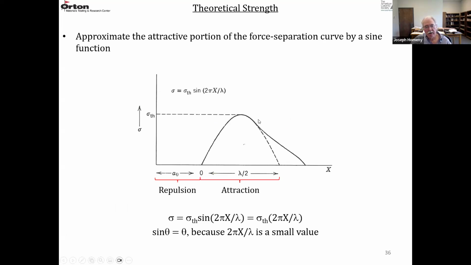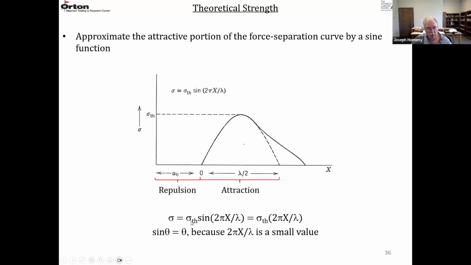So we can take a sine curve and approximate this force separation curve. So stress versus distance. The 0 point here between repulsion and attraction is actually where A0 falls. That's the interatomic separation at equilibrium. So you approximate the force separation curve with the sine curve, and this portion of the sine curve is lambda over 2, so it's half of a wavelength or half of a sine curve.